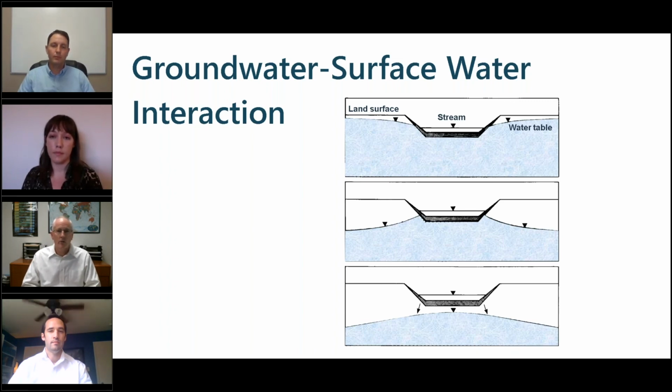Sometimes that interconnection is very dynamic, like with the Edwards and Trinity aquifers, other times less so, but they're still interconnected. It's important because we've got a projected growth in water demand over 50 years in Texas that's pretty significant. And because of the interconnection, what happens with one impacts the other.